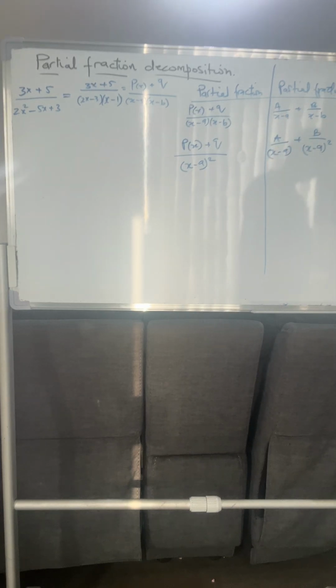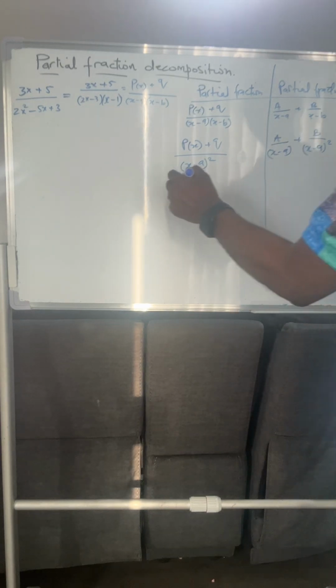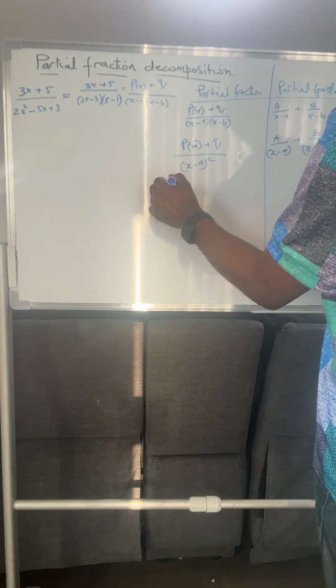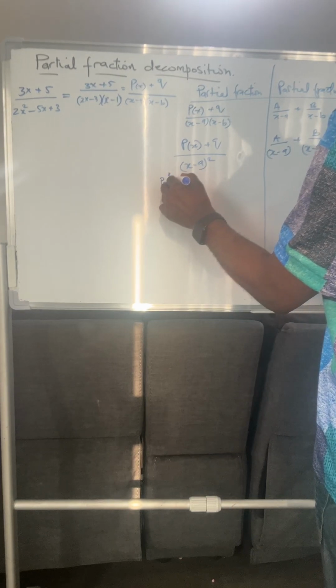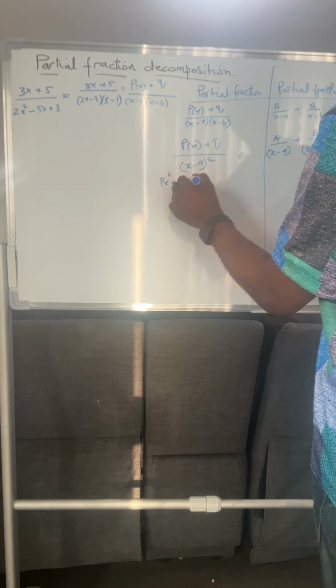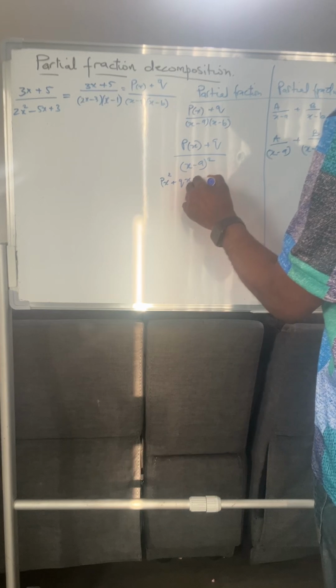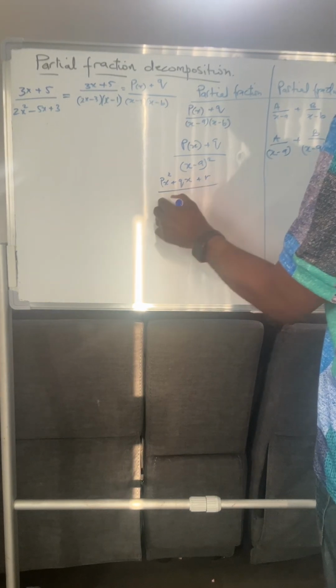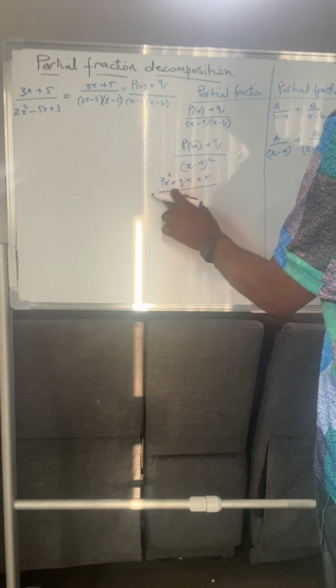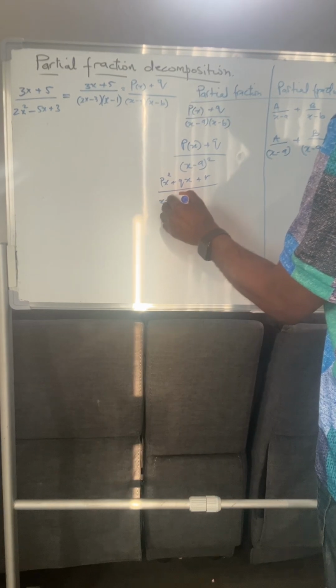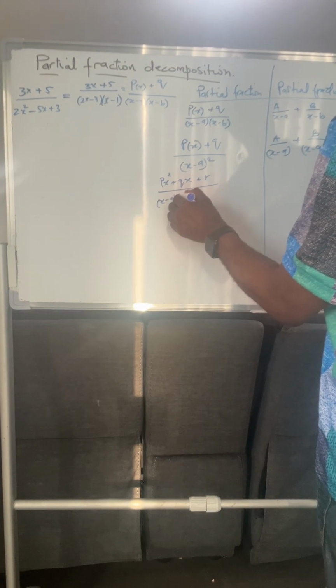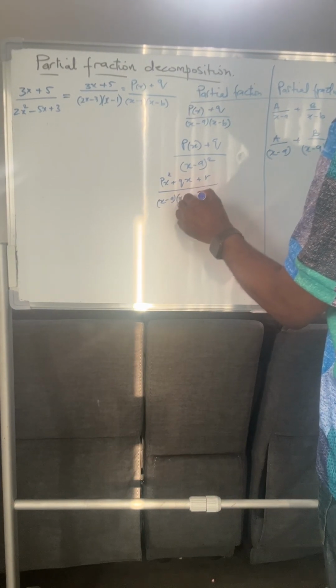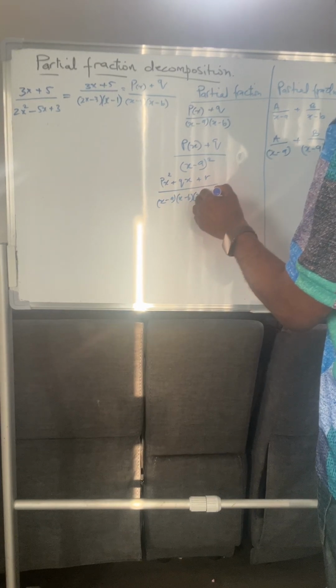Third case, suppose you have now a quadratic at the top. You have px squared plus qx plus r all over x minus a, x minus b, x minus c.